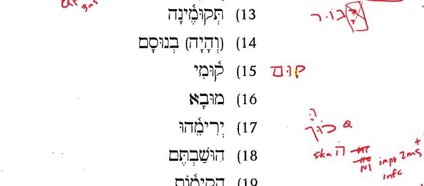What does kum mean? To arise. To arise in the cal, right? So notice what I have here. I have kumi with no prefixing before. This is a verb form with no prefix. What did we just talk about here? Well, in the perfect, I have only three places where there's no prefixing in the perfect, right? What are they?